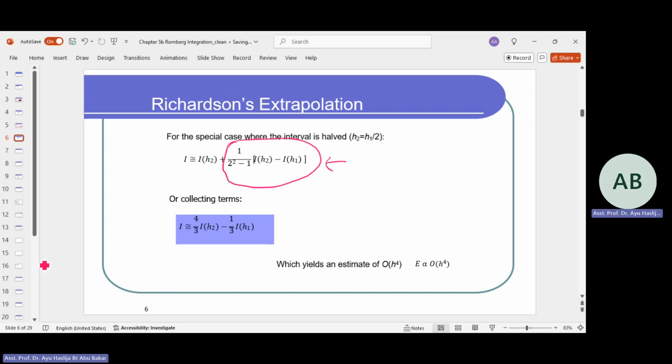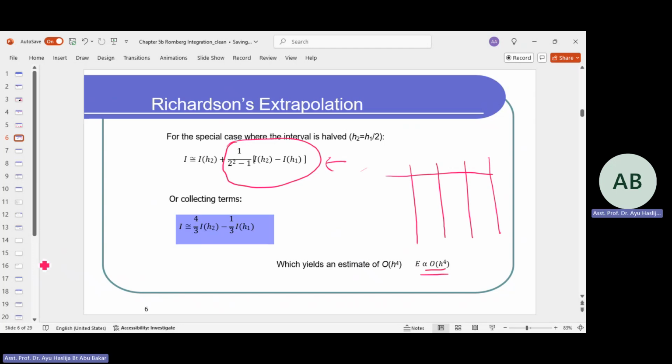In Romberg, you will have different levels, and different levels will have different errors, with higher order terms.